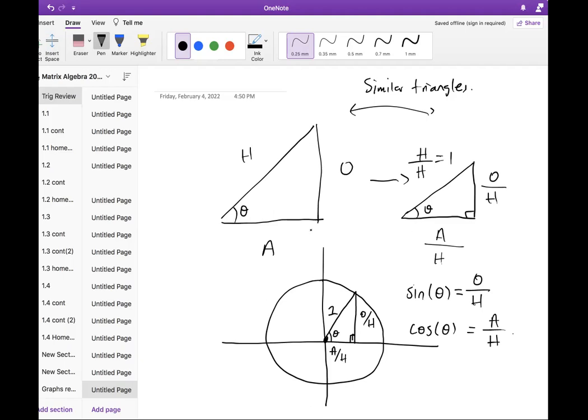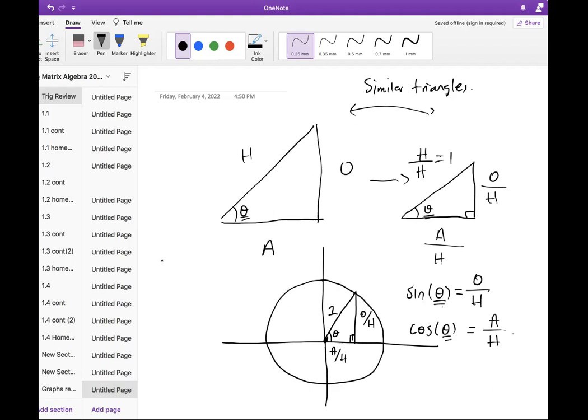Cool, so that tells you that this angle is the same angle in all of these cases, because these are similar triangles. So it must be true in this original triangle.